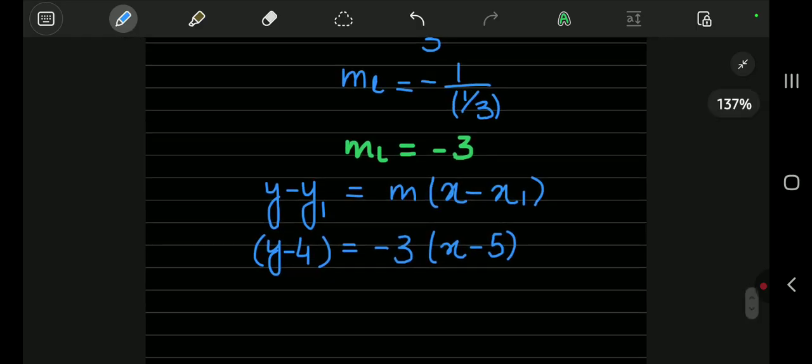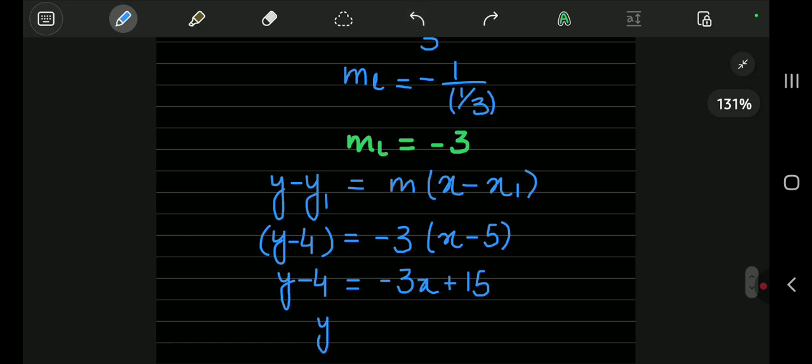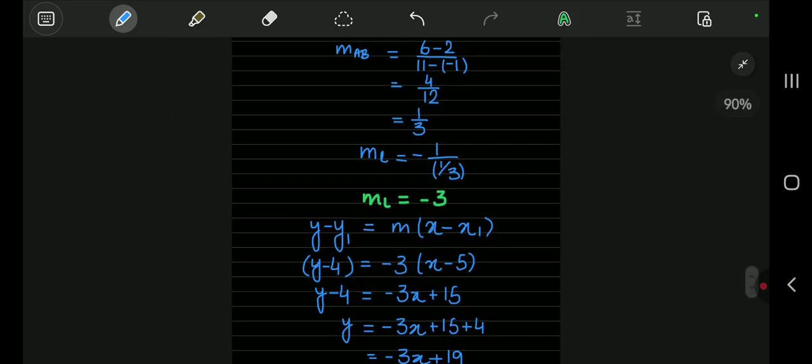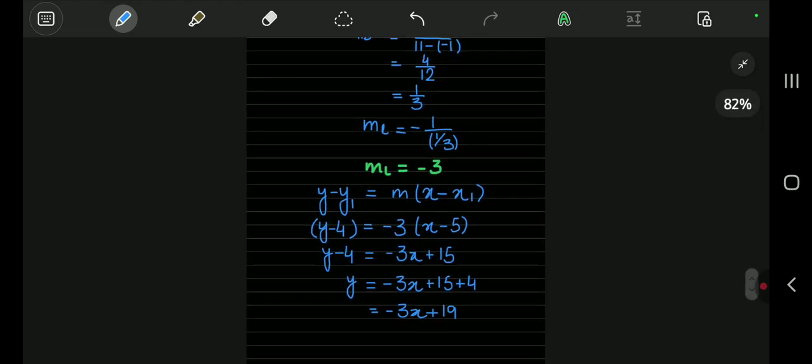So it gives you minus 3x plus 15, and y equals minus 3x plus 15 plus 4, that is plus 19. So y equals minus 3x plus 19. This is the equation of your line L. Okay, this is the first part. Let's move on to the second.